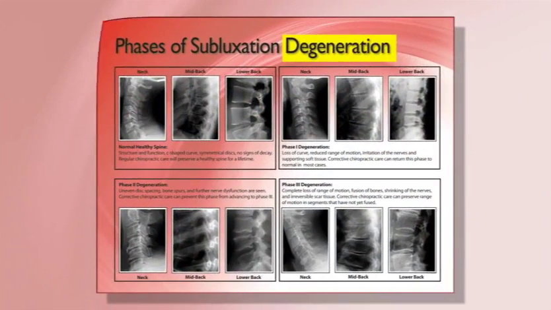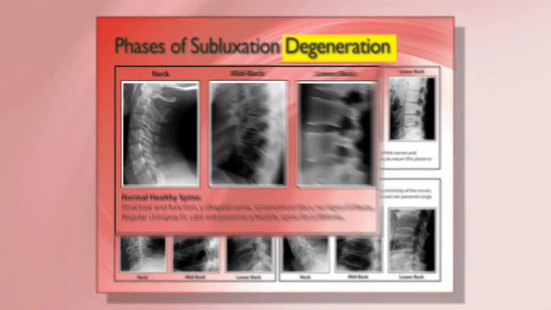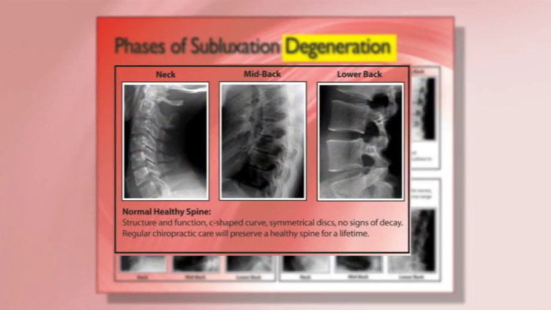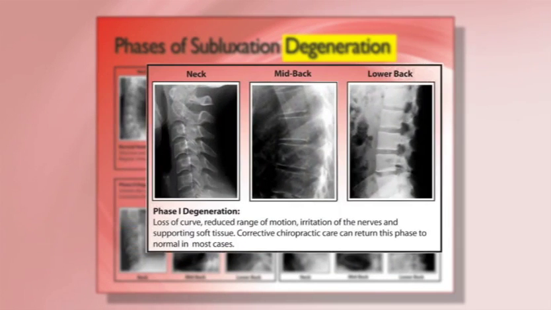Before we review your X-rays, it's important that you have a clear understanding of what your spine should and should not look like. On the X-ray pamphlet, notice there are 4 quadrants. The top left quadrant contains normal X-rays of the spine taken from the side. The spines in the top right quadrant are all phase 1.